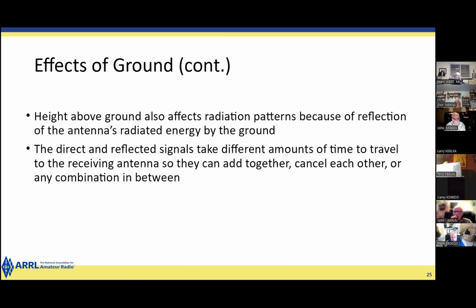The direct and reflected signals take a different amount of time to travel to the receiving antenna, so they can add together, cancel each other, or any combination in between. This statement means a lot.